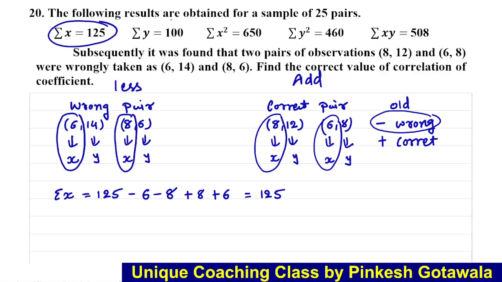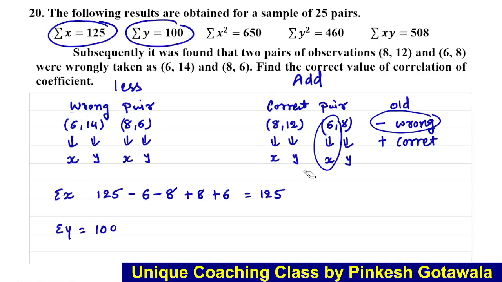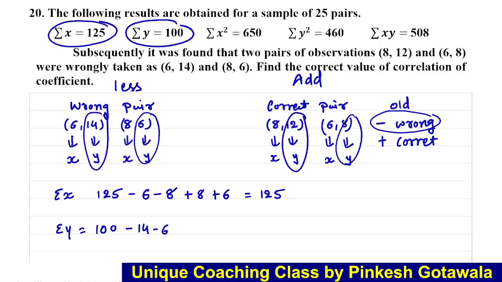Okay, second, sigma y 100 is given. Now focus on y. Here the wrong y 14 and 6 would be subtracted, and the right 12 and 8 we have to add. Here 14 and 6 is 20, 12 and 8 is 20, so minus 20 plus 20, answer same.